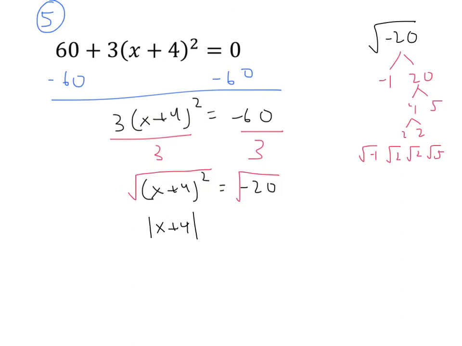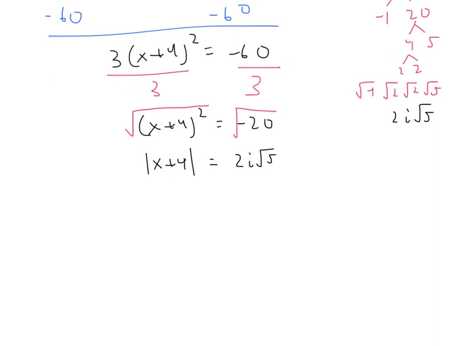That simplifies to be 2 times i times radical 5. So what does this absolute value statement mean? This means that x plus 4 could either be equal to negative 2i radical 5, or x plus 4 could be equal to positive 2i radical 5.